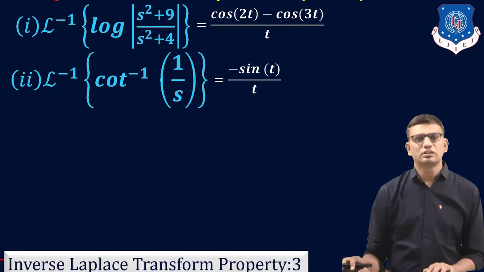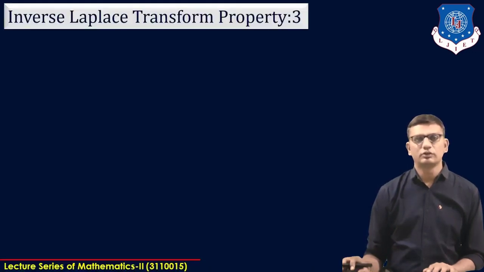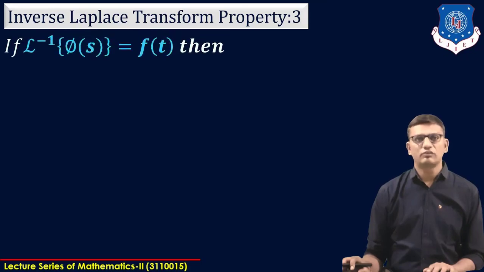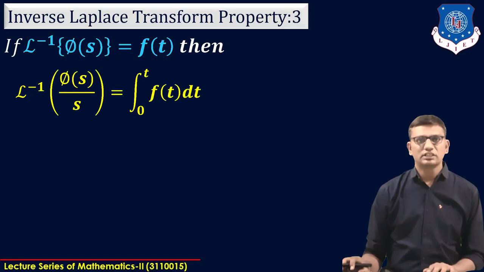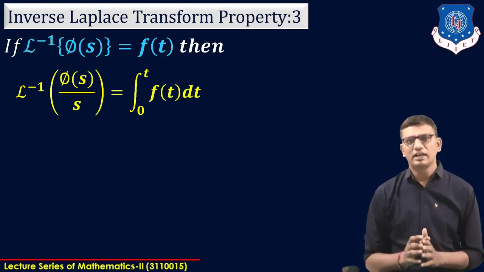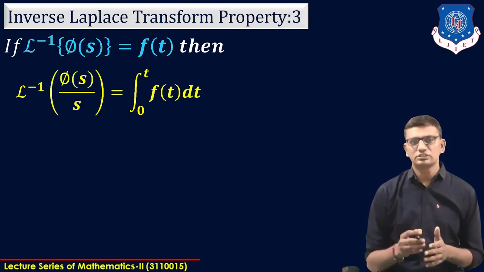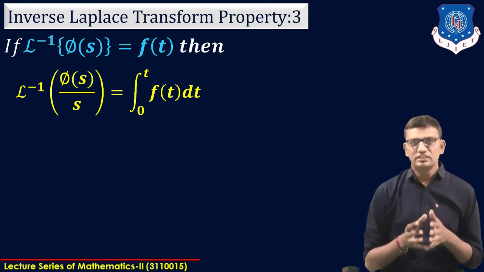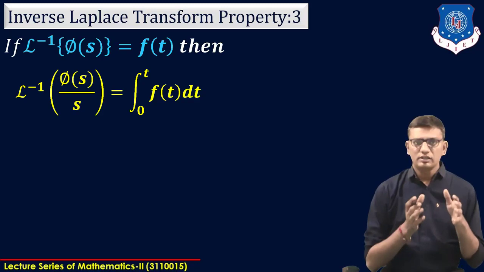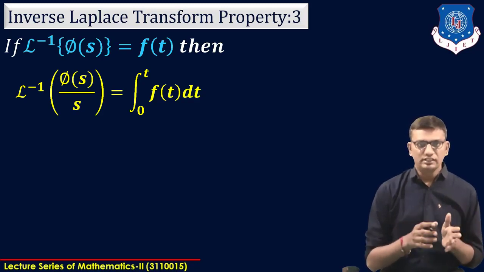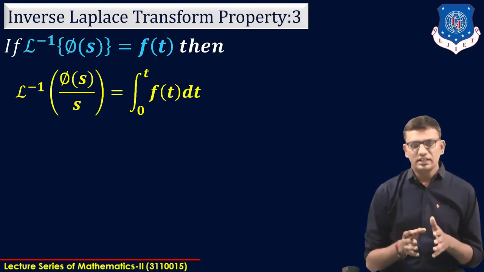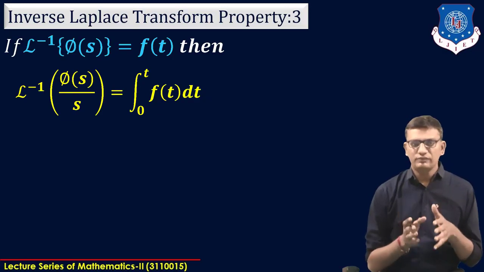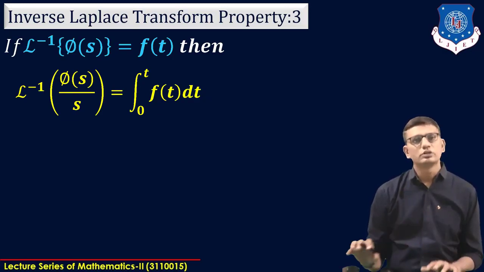Now we will see the third property of inverse Laplace transform. If the inverse Laplace of phi of s is equal to f(t), then the inverse Laplace of phi of s divided by s is equal to the integration from 0 to t of f(t). That means when we divide phi of s by s one time, then on the right hand side we take the integration of f(t) one time from 0 to t.